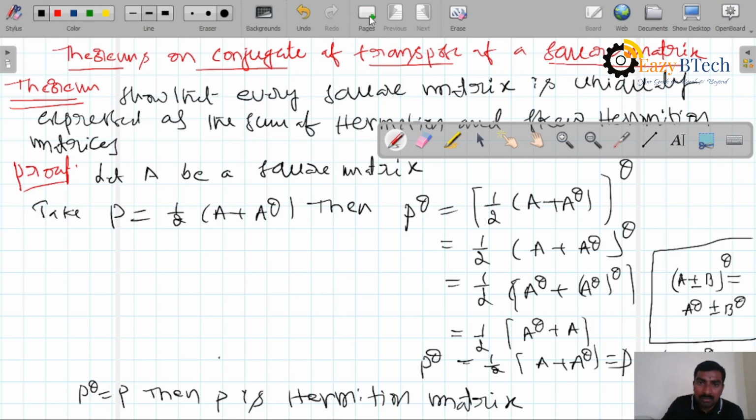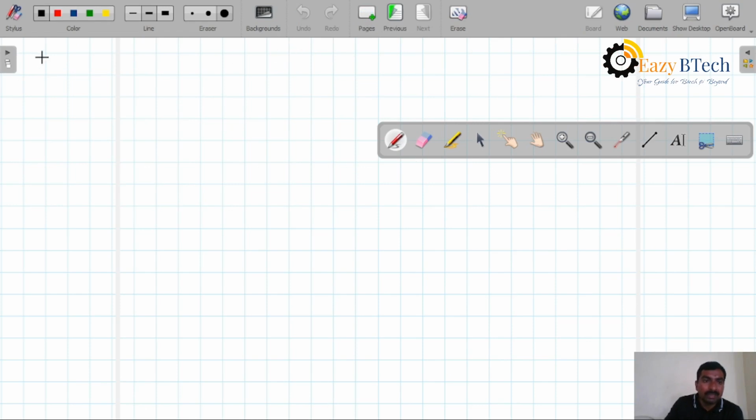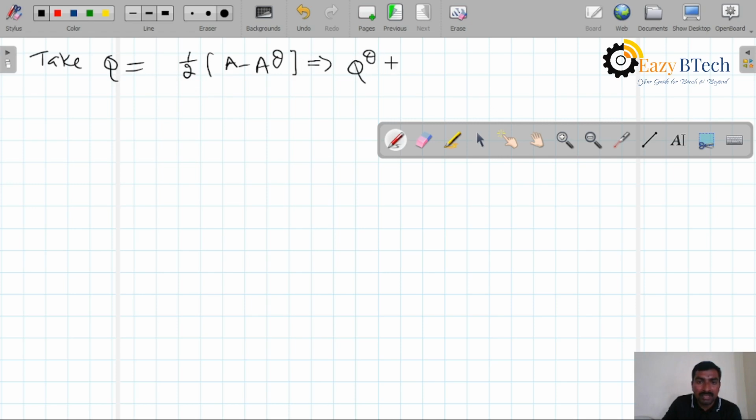Now I want to consider one more matrix. Take some Q equals 1 by 2 into A minus A power theta. Then I want to find Q power theta.